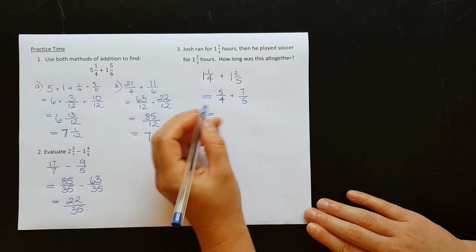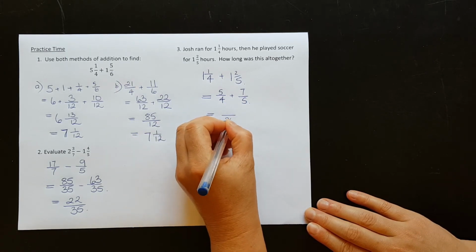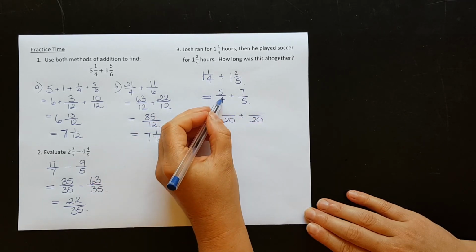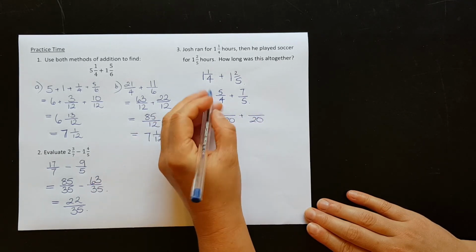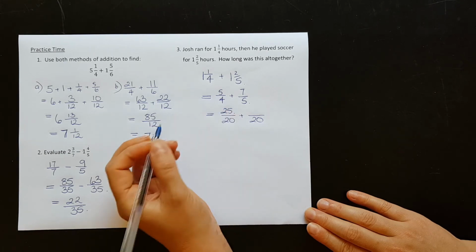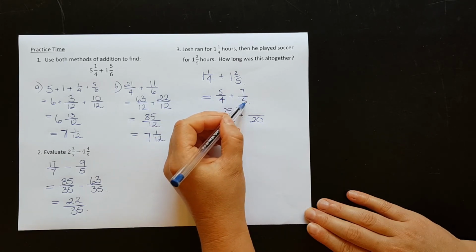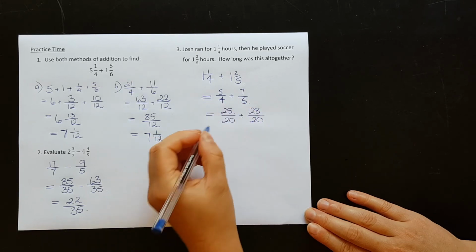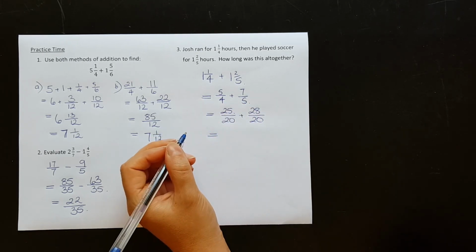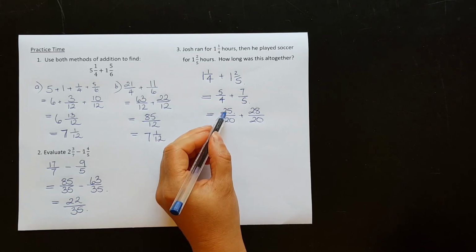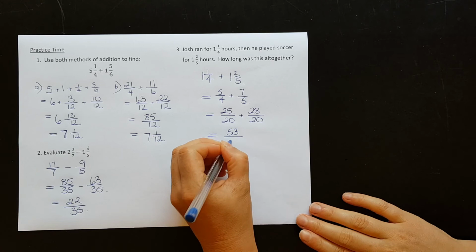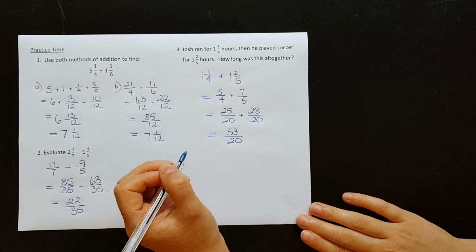Okay, 4 and 5, my lowest common denominator would be 20. This fraction is multiplied by 5, so multiplying the top by 5 gives 25. This one's been multiplied by 4, timesing 7 by 4 gives 28. Adding those together, we're going to get 53 over 20.